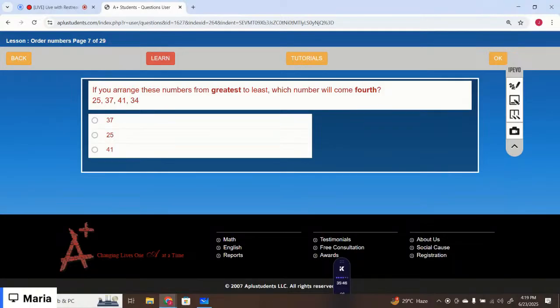If you arrange these numbers from greatest to least, which number will come fourth?